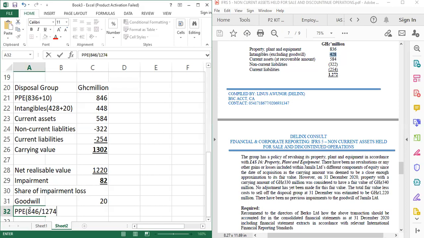And this will be the ratio that we are going to use to share the remaining impairment, which is 62 million. How much are we getting for property, plant, and equipment? $41.17. Okay.